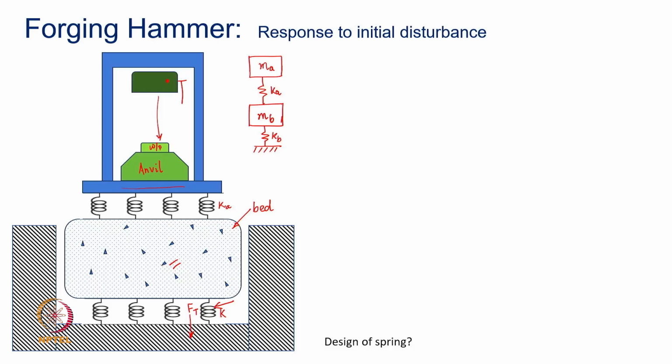Okay, now having seen the model to be like this, we can again assume this to be x1 and x2, and then we can write the response as we have discussed earlier.